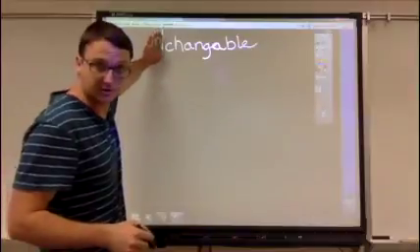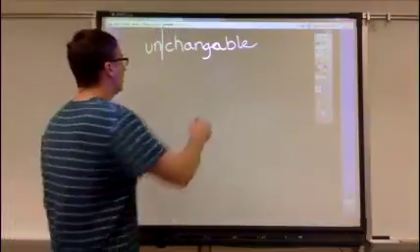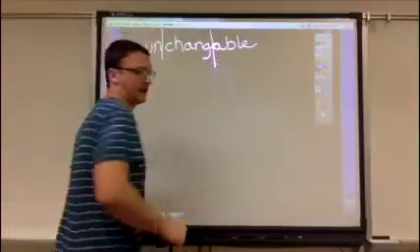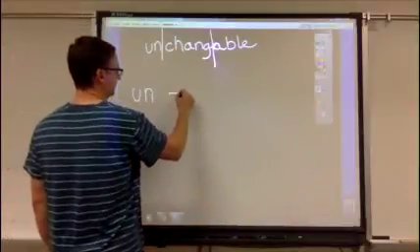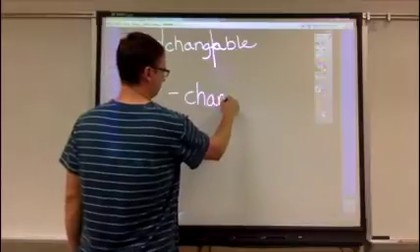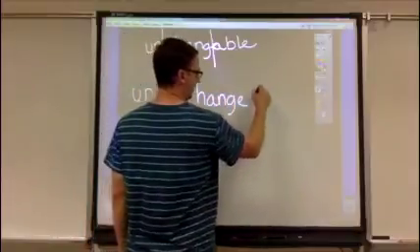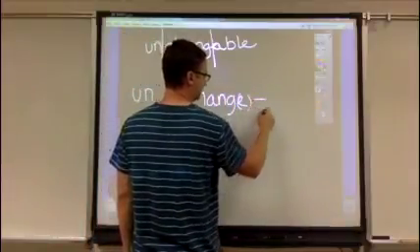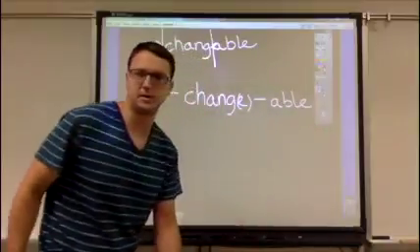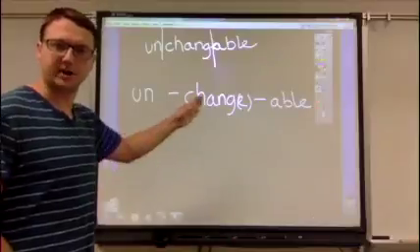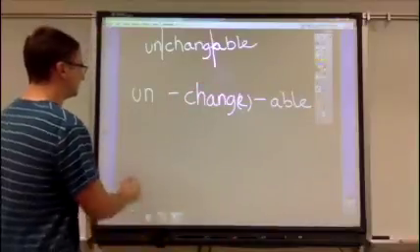We can talk about changeable and we can talk about unchangeable. We can talk about change. Okay? So we have these three sections. We have un, change, and then I added this E, just to let you know, able. So, un-change-able.